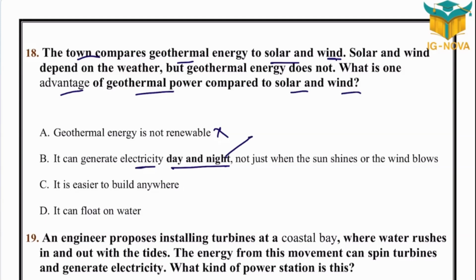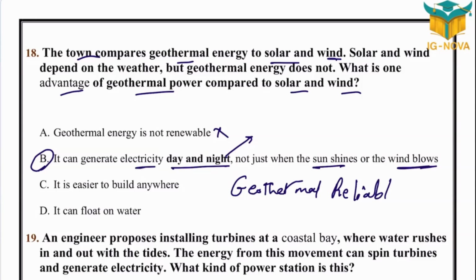Yes, so it has an advantage over solar energy, not just when the sun shines or the wind blows. We cannot wait for the wind to blow. So it can be B. That's why we say geothermal is a reliable source. It can be useful most of the time. We can get electricity from it at any time.